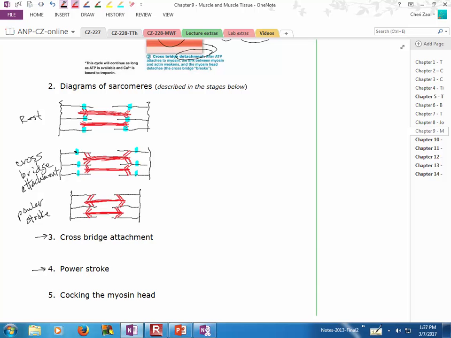So let's add some stuff to our notes now. Cross-bridge attachment.